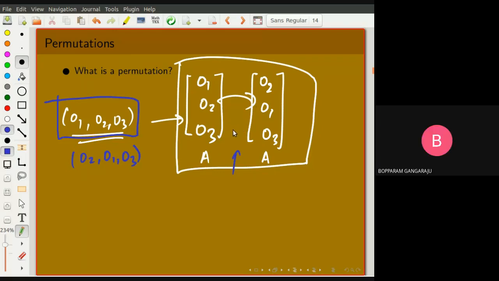Sir, we can say that for a set A, another set B of the same size, and the frequency of every element is the same in set B also. Is that a permutation? No, I mean the frequency of every element is the same in B, and the size of set A is equal to set B. Domain is the same as codomain.